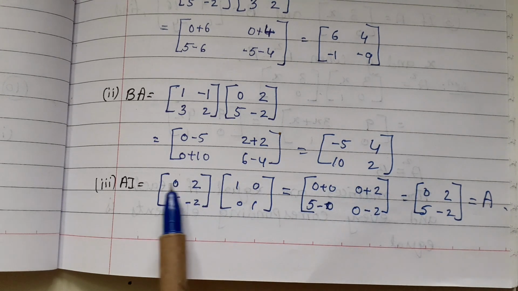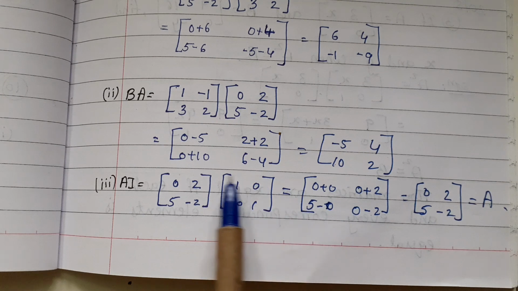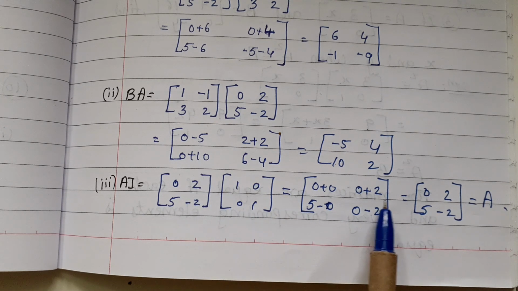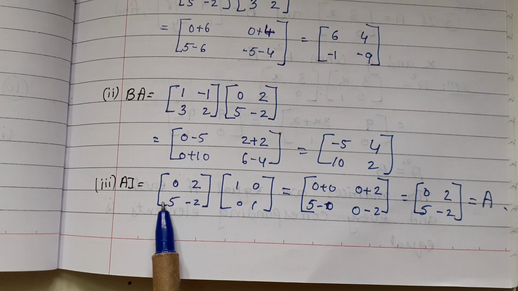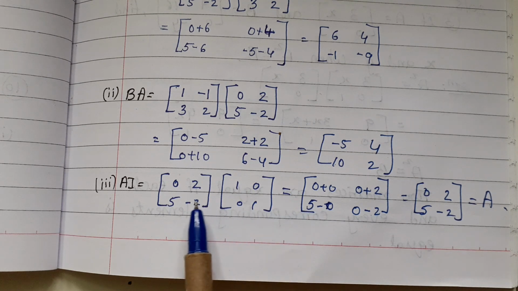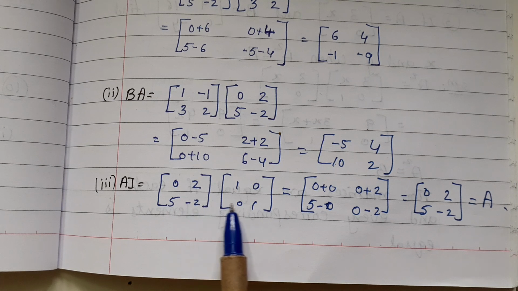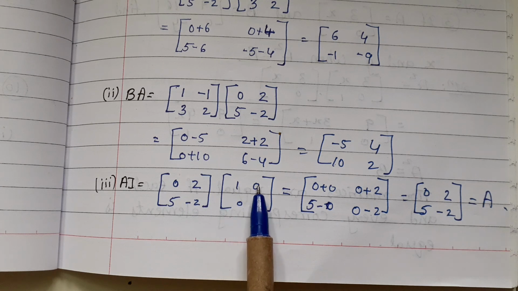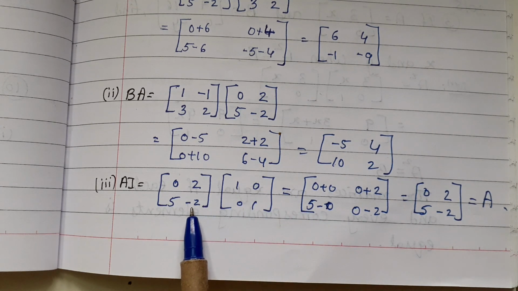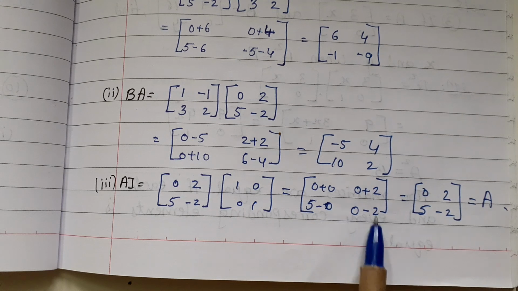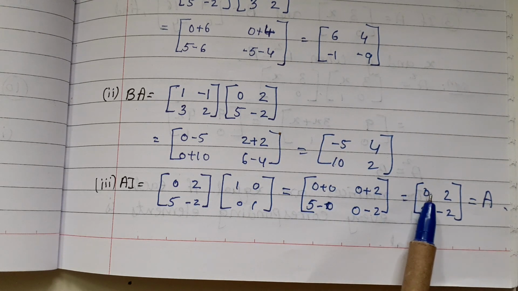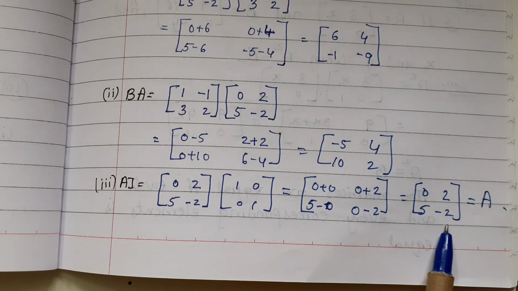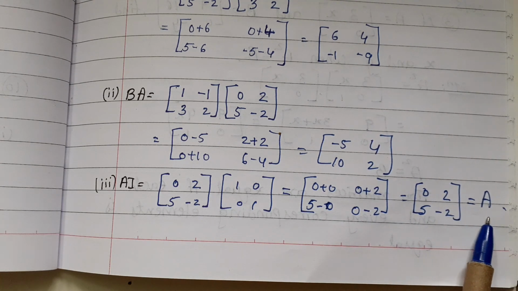Now second element, 0 into 0, 0, plus 2 into 1, 2, 5 into 1, 5, 0 minus 2 into 0, 0, 5 into 0, 0, minus 2 into 1, minus 2. Hence 0 plus 0, 0, 0 plus 2, 2, 5 minus 0, 5, 0 minus 2, minus 2, which is equal to A matrix.